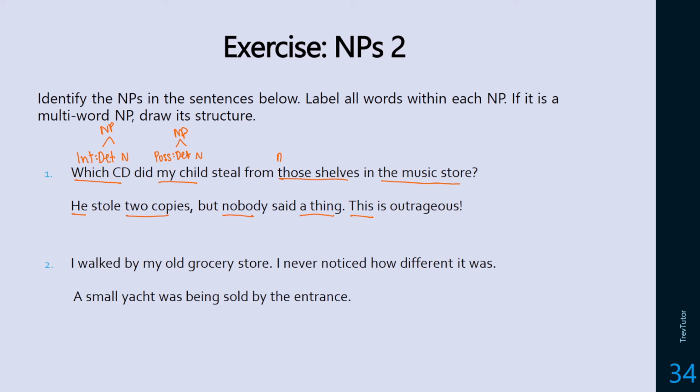Those shelves, those is a demonstrative, and it's acting once again as a determiner because it is introducing the noun shelves. And the music store. So this is our definite determiner.